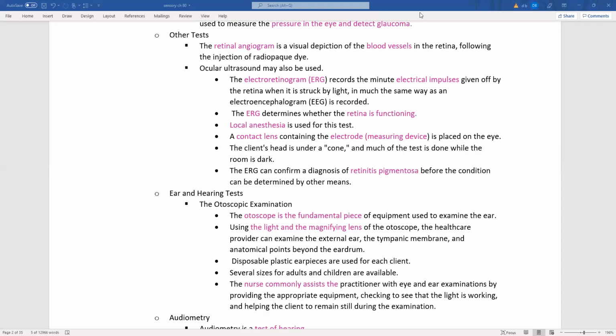Okay, so now we are at the ear and hearing test.